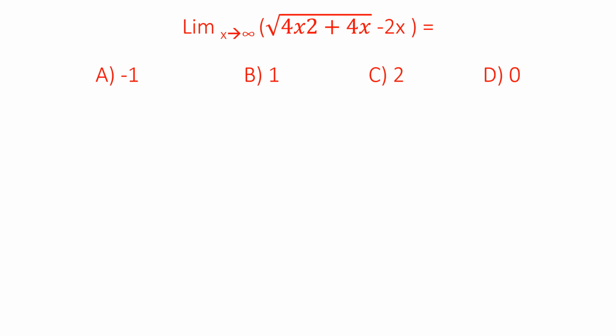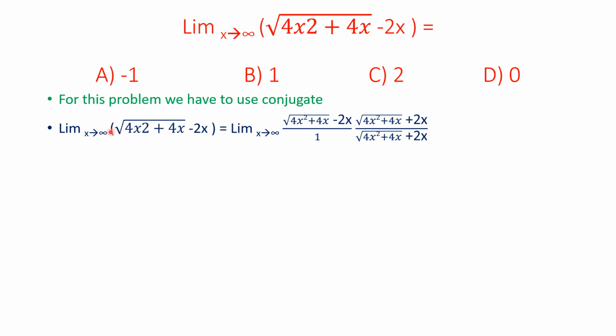Next, we'll have to find the limit as x goes to infinity of this function. And to do so, we have to identify the correct answer. For this problem, we have to use the conjugate. So the limit as x goes to infinity of the function will be equal to the limit as x goes to infinity of the function divided by 1.